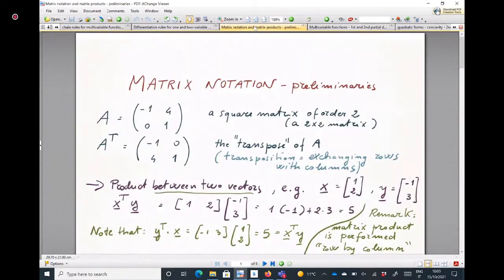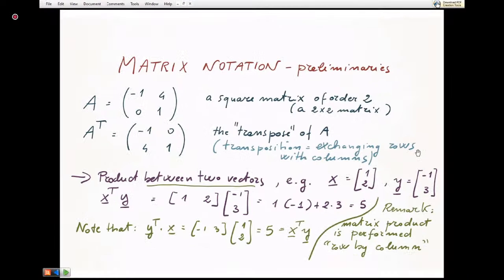Anyway, just to recap what is needed now, basically for the notation concerning multivariable functions. So I will introduce a notation for matrices and the most simple types of product, which are the product between two vectors and the product between a matrix and a vector.